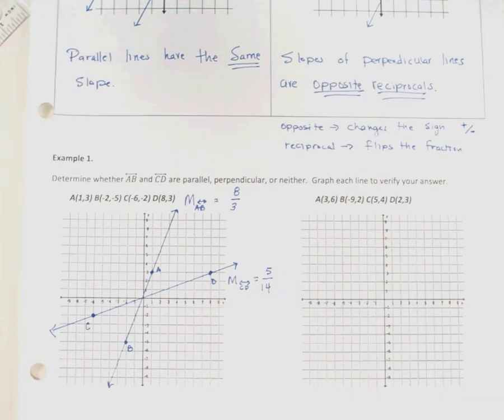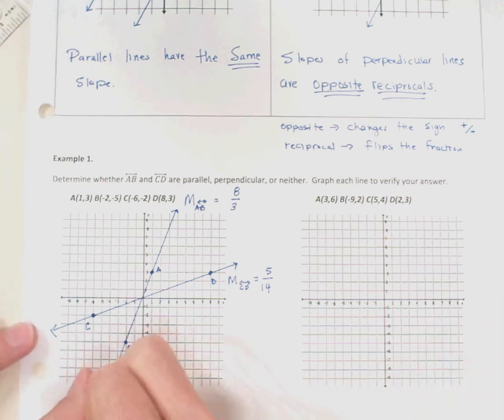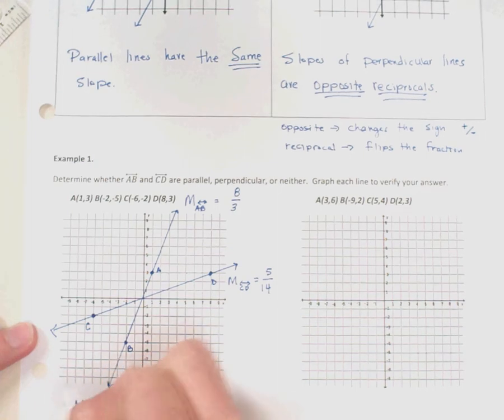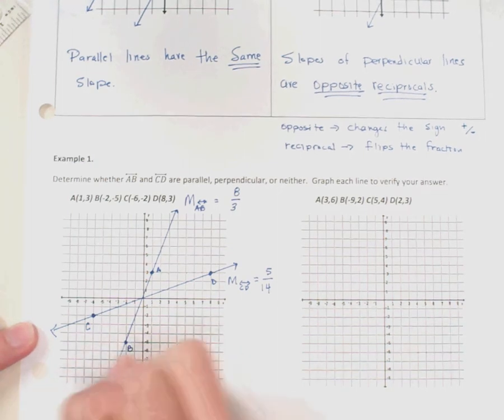So line CD has a slope of 5/14. Okay, these two lines are not parallel because they do not have the same slope. They are not perpendicular because the slopes are not opposite reciprocals. Therefore, these two lines are neither parallel or perpendicular.